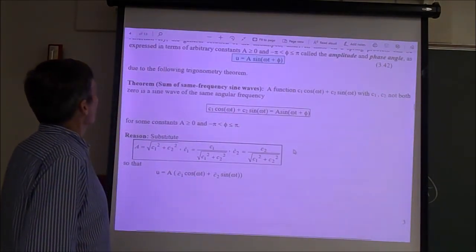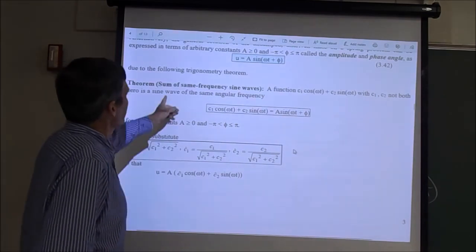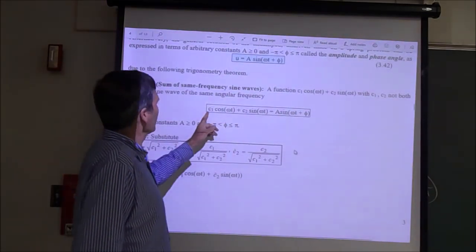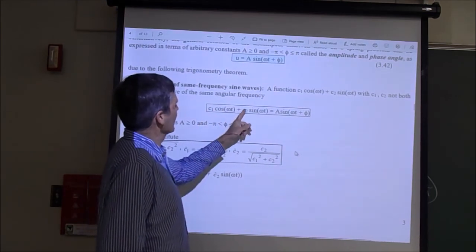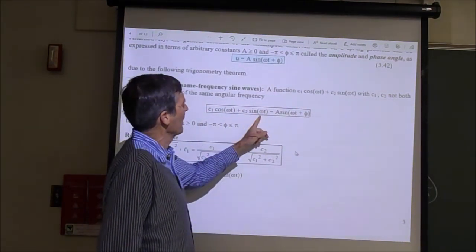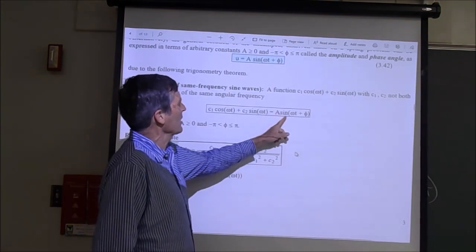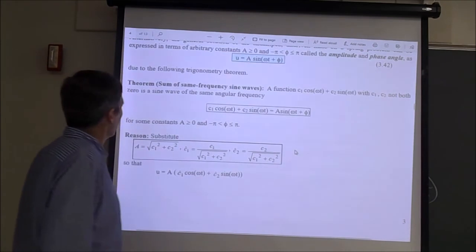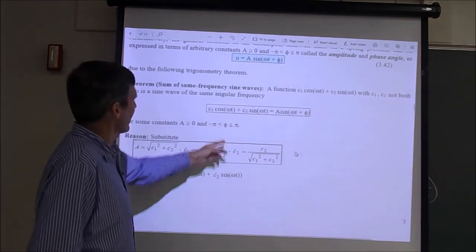So here's the theorem from trigonometry, the sum of same frequency sine waves. If you take a constant times cosine omega t and a constant times sine omega t with the same omega, it's equal to a constant times sine of the same omega t plus some other constant. And it's always true for some constants A and phi.